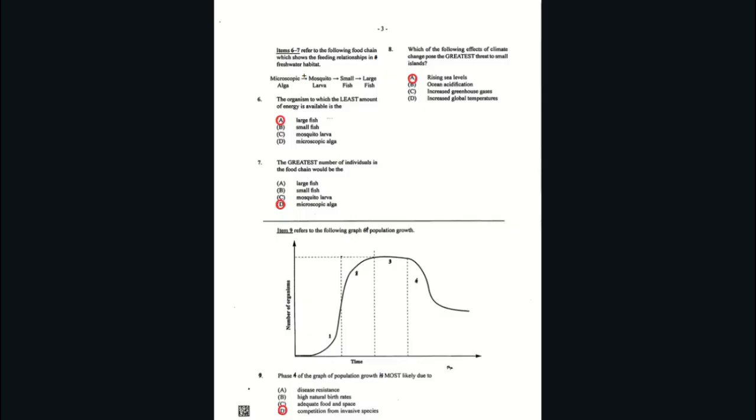So in this situation, the microscopic algae is the producer. So by the time that energy reaches the large fish, it's not getting as much, because it passed through mosquito larvae, it passed through the small fish, and energy is lost along the way, right?